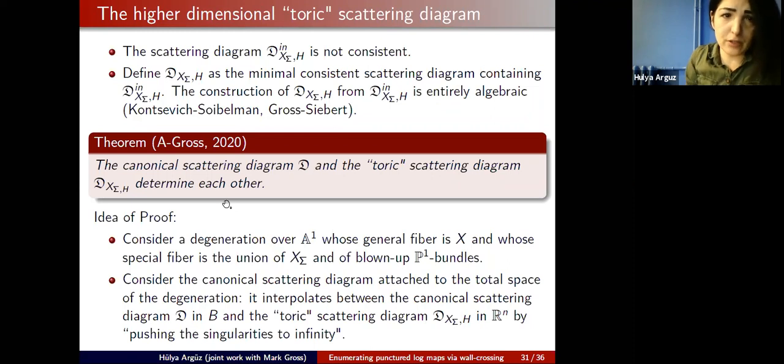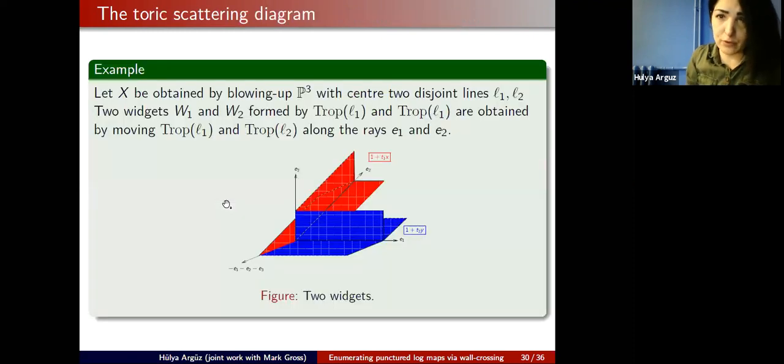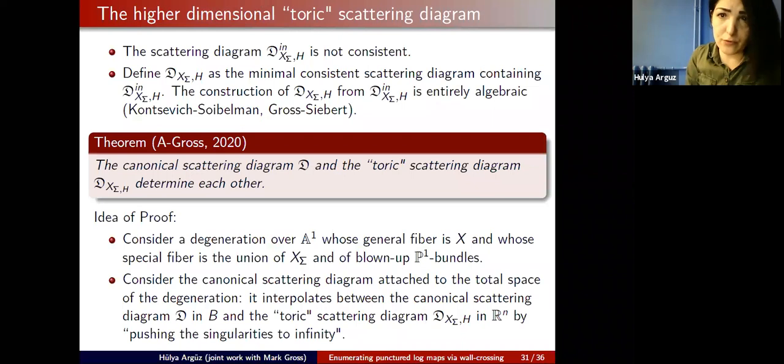So what we showed with Mark is you can use this purely combinatorial description. You can associate walls to the toric variety with T_ij variables and obtain a consistent scattering diagram. And by changing the T_ij variables to Mori cone coefficients, you will obtain your canonical scattering diagram.